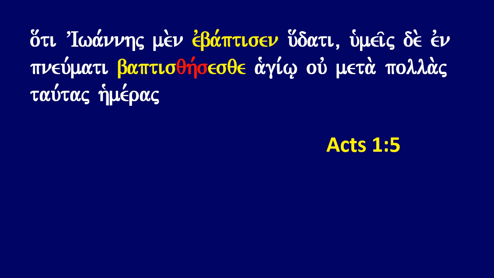Sometimes people leave the word men untranslated. For John baptized, or you could say for John truly or indeed baptized. But the word ebaptisen is aorist active indicative third person singular, for John doing the baptizing himself. And how did he do it? He did it with water. So you see the dative form there.